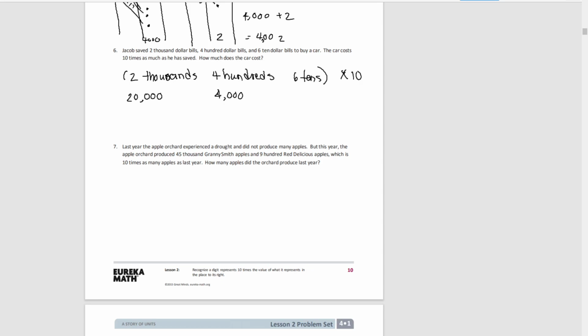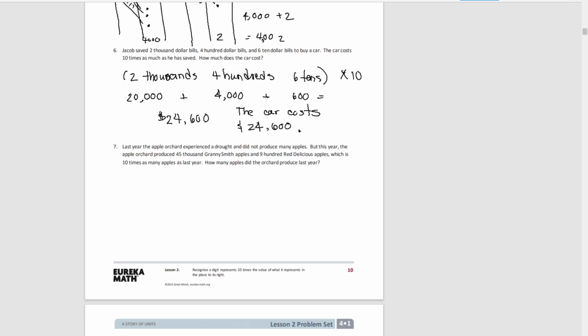And 6 tens times 10 would be 600. So if we add these together, we get $24,600. And if we're going to answer in a complete sentence, the car costs $24,600.